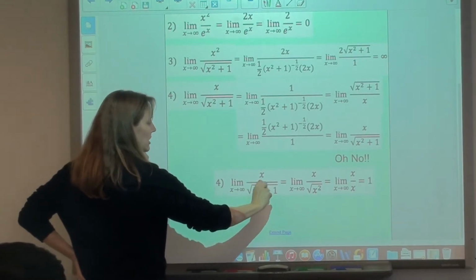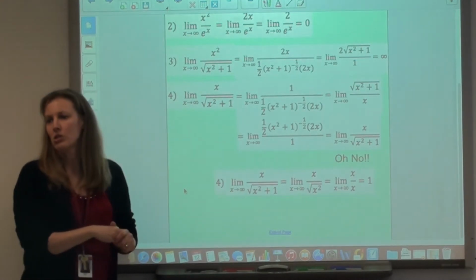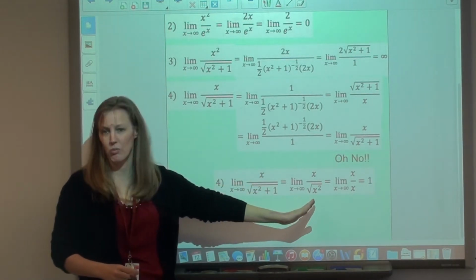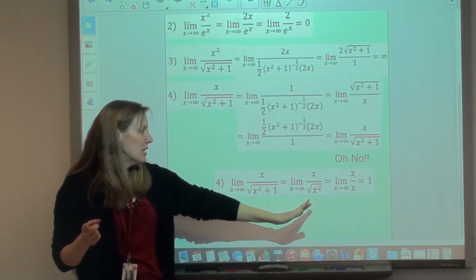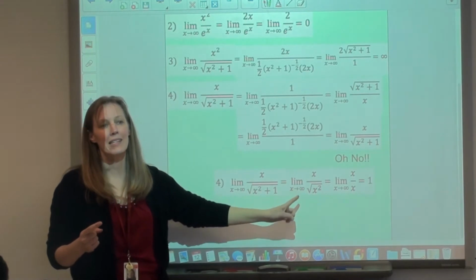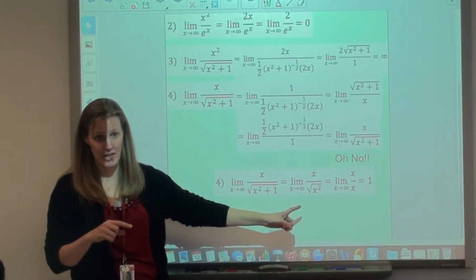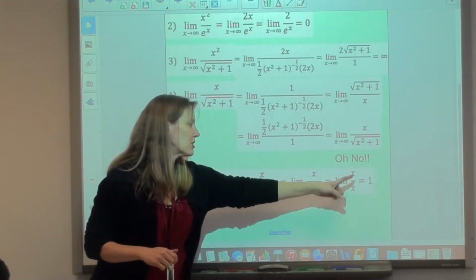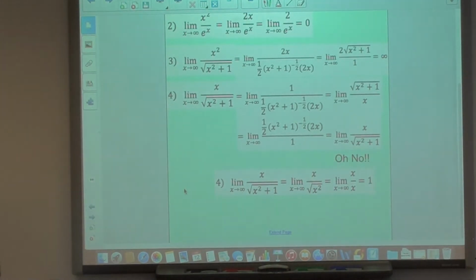Those 10 million x and 800 trillion eventually become dwarfed by the big giant infinity leading terms. So you have the right to drop all terms after the leading term when you are doing limits as x approaches infinity. The big thing to remember is that when x is positive, the square root of x squared is x. When x is negative, the square root of x squared is negative x. So when x is positive, you get x over x, so the limit is 1. That's the old-fashioned way of doing it.